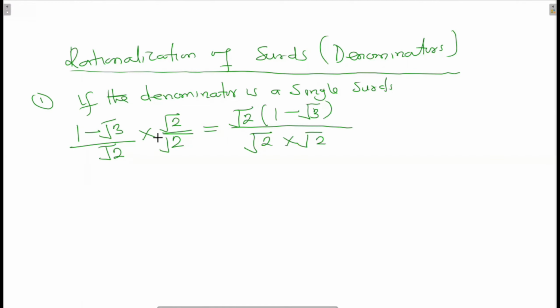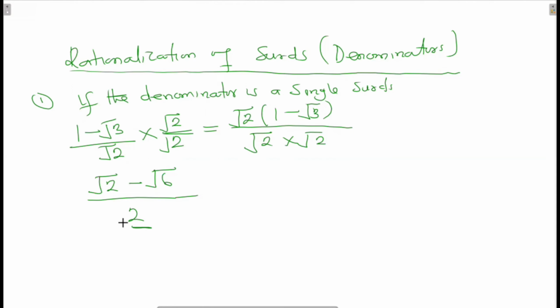So in simplifying this further, root 2 times 1, that's root 2, minus root 2 times root 3, that's our multiplication of surd. That means we have root 6, divided by root 2 times root 2, that will give us root 4, and root 4 is 2. So this is the way to simplify this one. You see that the denominator now has turned from being a surd to a whole number. So that's how we do when we have a denominator as a single surd.